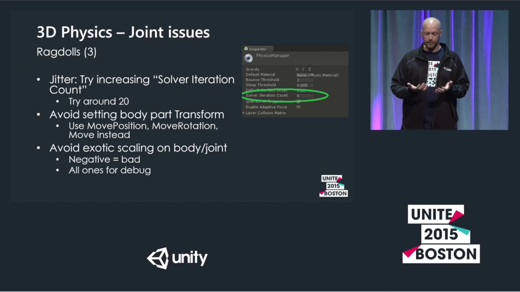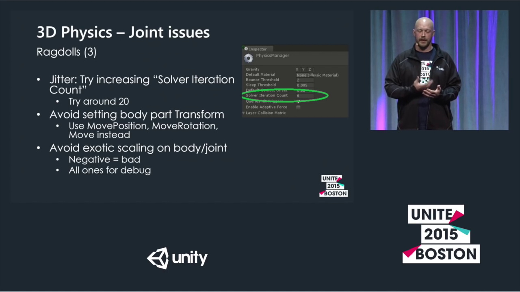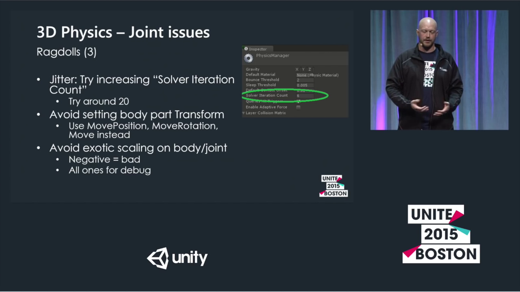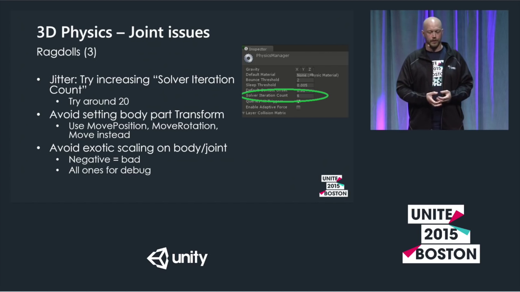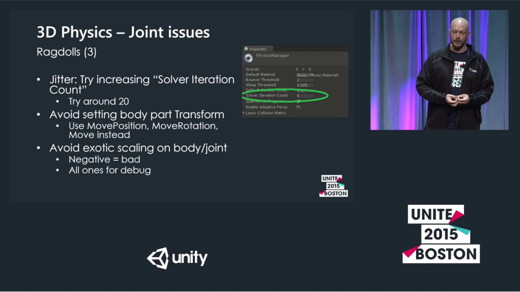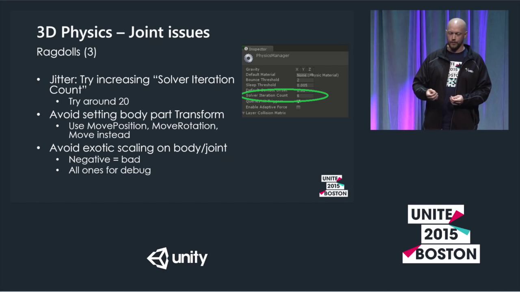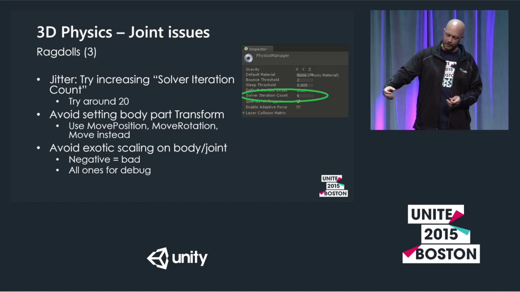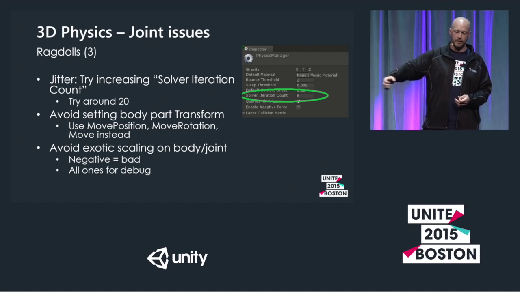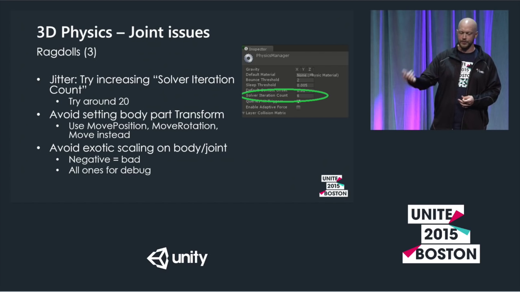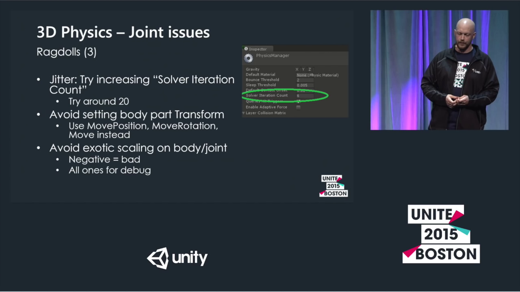People's first implementation will probably be to write to the transform directly, which will do this whole joint violation thing. You should really use the move position and move rotation set of functions instead, which will tell the joint about the velocity in which you're moving the objects. And that'll help the joint solver get everything solved together.